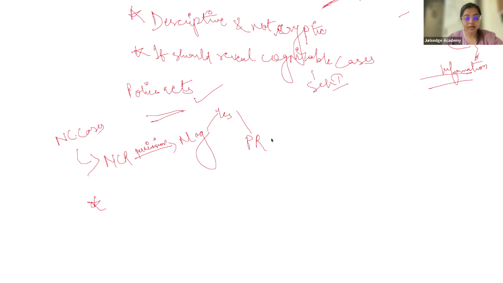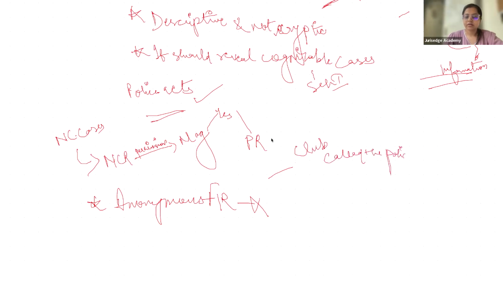is not an FIR. For example, if I was in a club and I called the police that, you will relate to it, that Jessica Lal was killed by Manu Sharma, which actually happened.